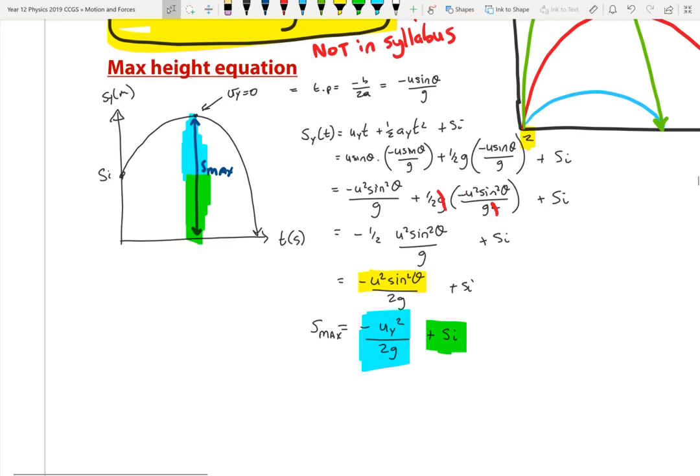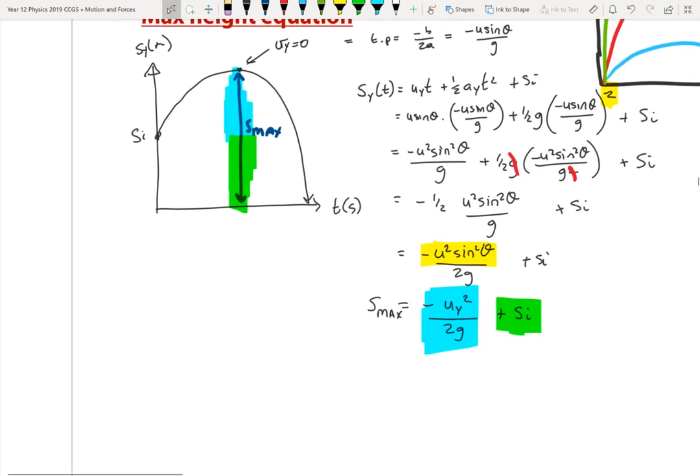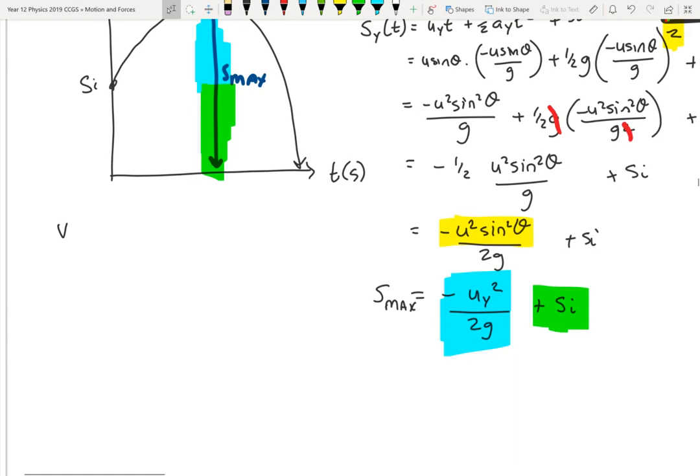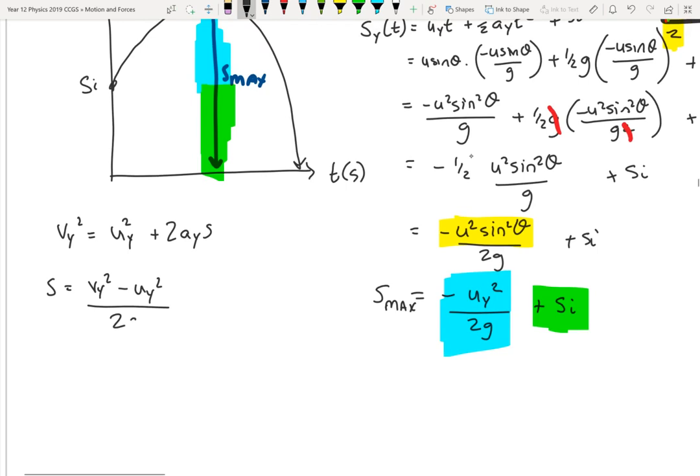Okay? There's actually another way to get to it. We have another equation: v squared equals u squared plus 2as. Let's rearrange this for s. S equals v squared, take u squared, all divided by 2a.